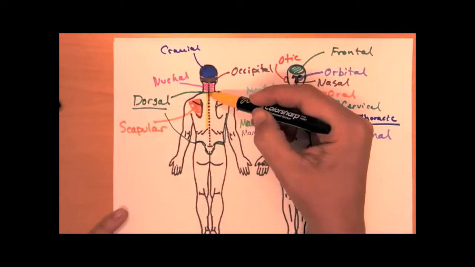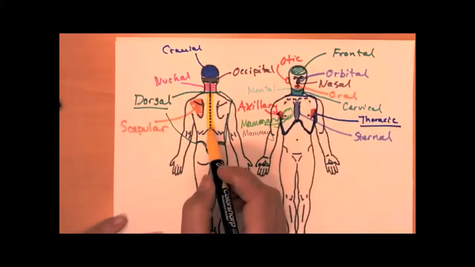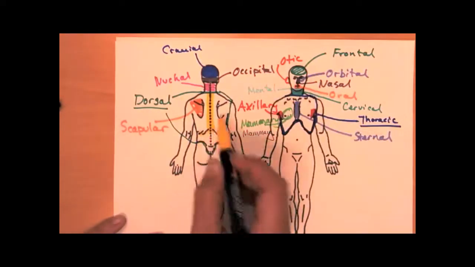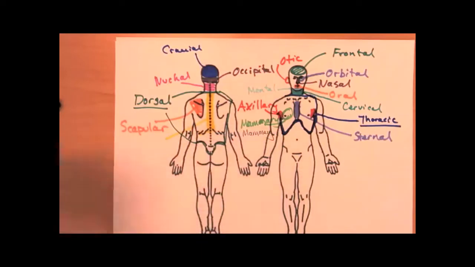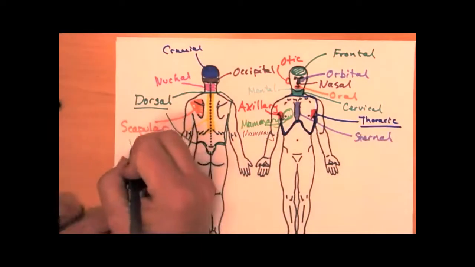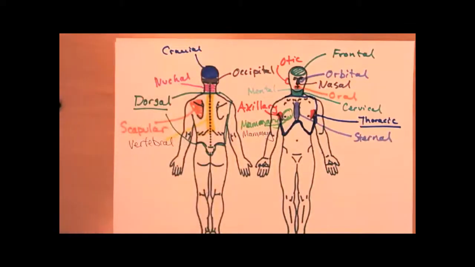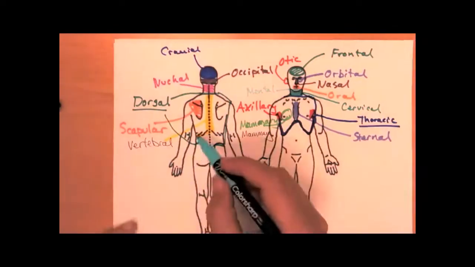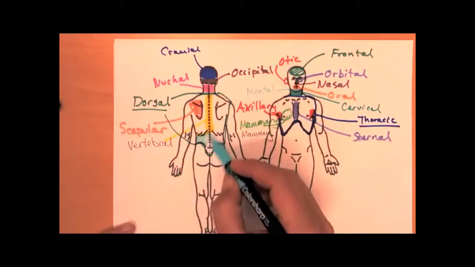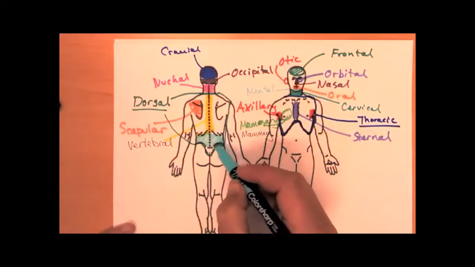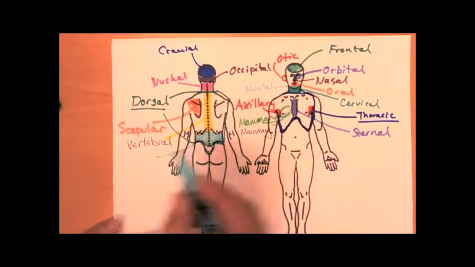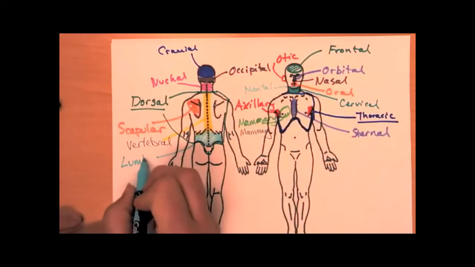The spine, or specifically the thoracic spine, we're getting there. So the entire spine down to these funny little lines here. This is called the vertebral or vertebral, because it's made up of a lot of vertebrae. Okay. The lower back, which maybe we're all familiar with, lumbar.